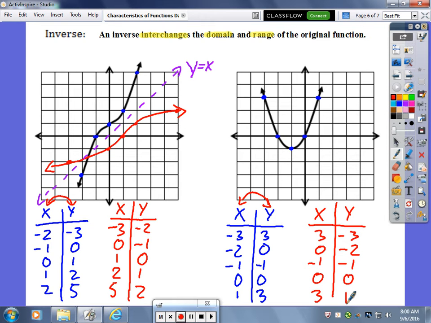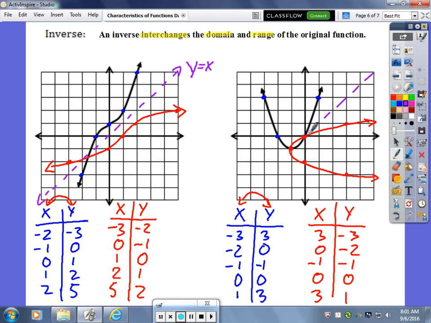We're going to go ahead and graph these: (3, -3), (0, -2), (-1, -1), (0, 0), and (3, 1). And this is what we get when we combine these points.